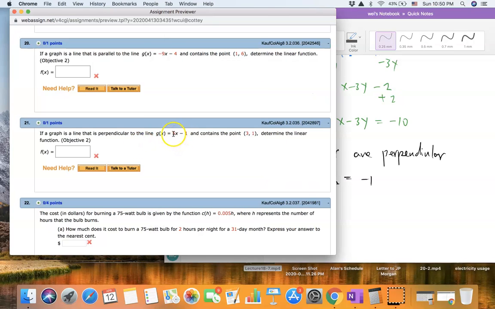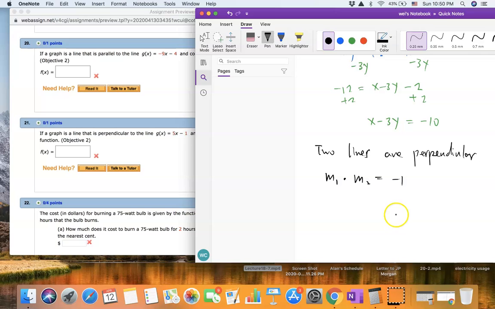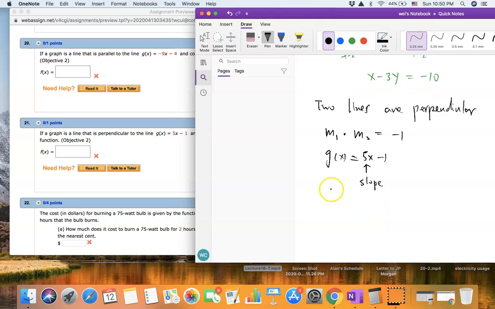Because the slope of g(x) is 5, the straight line which is perpendicular to g(x) must have slope -1/5, because -1/5 times 5 equals -1.